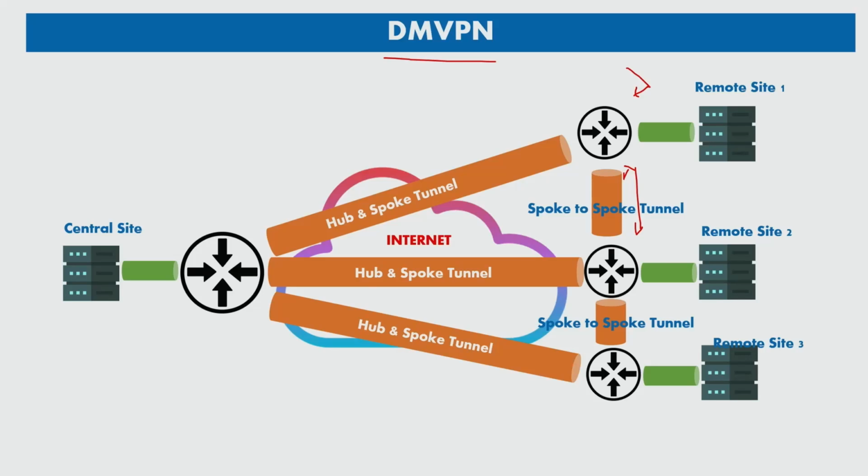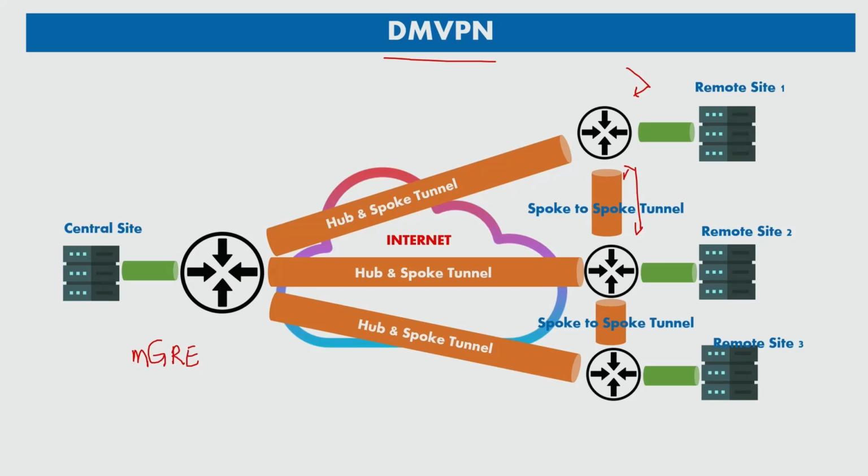It enables zero-touch IPsec VPN deployment and improves network performance by reducing latency and jitter and optimizes head office bandwidth utilization. So to combine the best of hub and spoke and fully meshed topologies as well as provide some other features, DMVPNs employ the following mechanisms. First is what we call mGRE, or multipoint GRE.